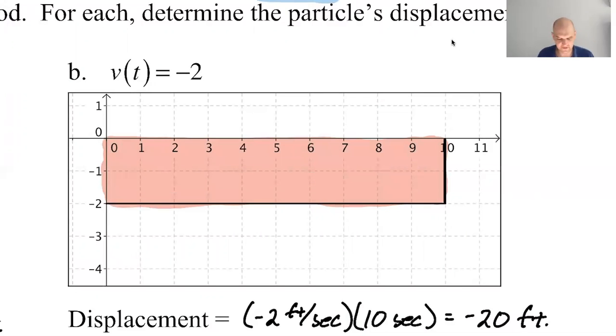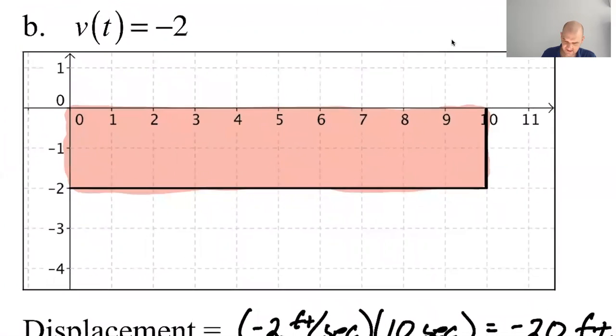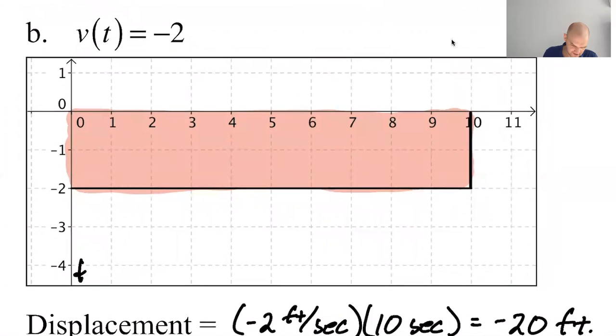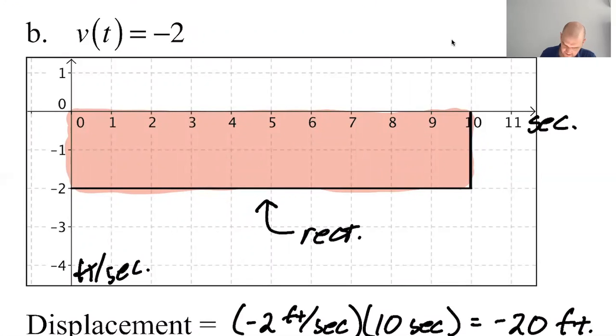So again, our y-axis is feet per second, and our horizontal is in seconds. When you multiply feet per second times seconds, you get feet. In this case, we're getting negative. So geometrically, how are we getting negative? We're getting negative because we're doing the area of a rectangle that has a base of 10 and a height of -2.